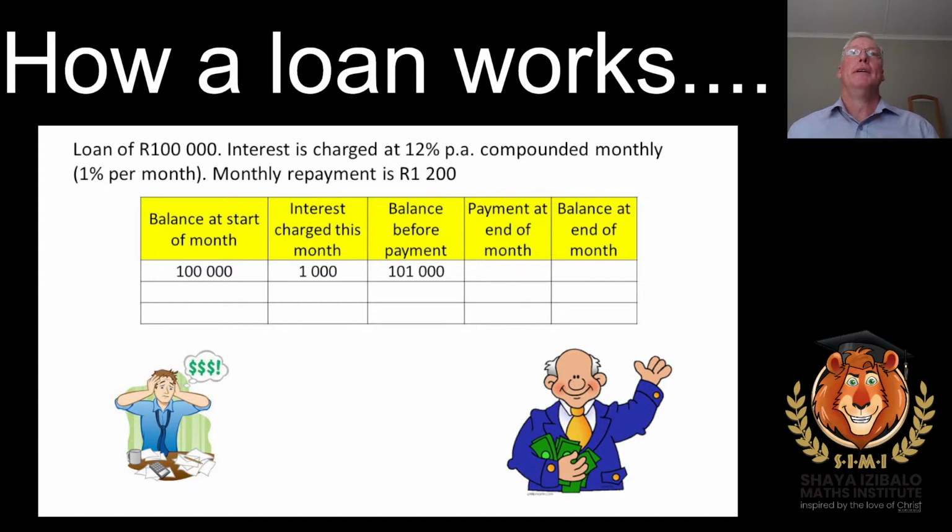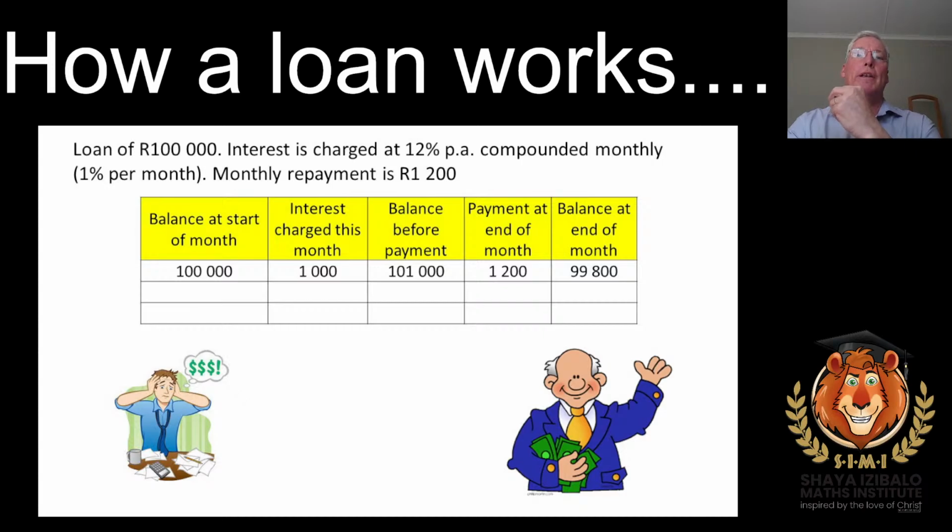His payment is 1,200 Rand. So he now makes the payment, and after he's made the payment, we'll see that the loan is now 99,800. It's a bit rough because he's paid in 1,200 Rand, but the loan has actually only reduced by 200 Rand.